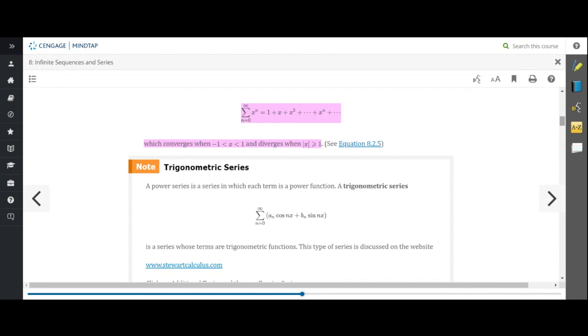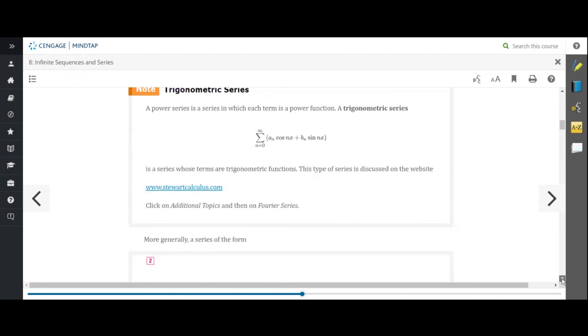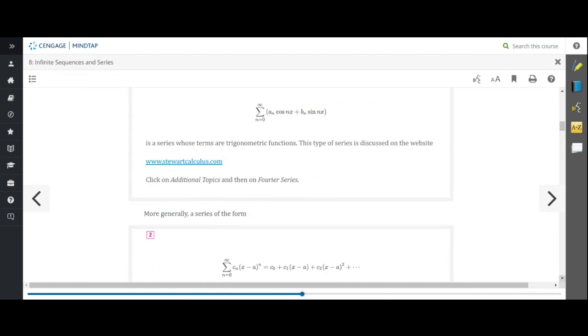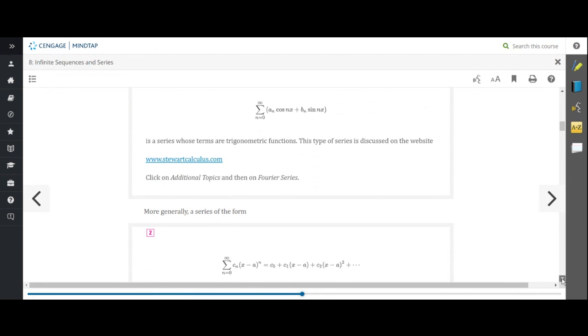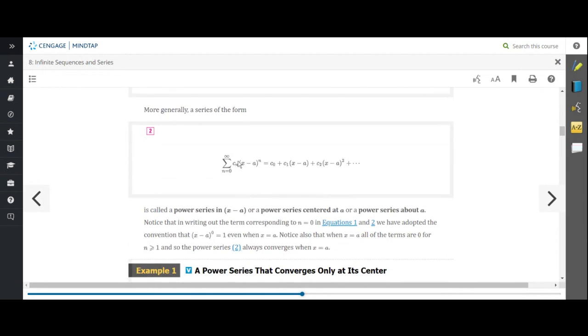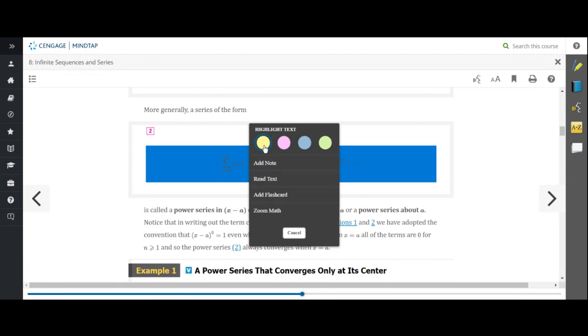For what values of x the series converges, and for what values of x the series diverges, is very important. We are going to do a couple examples together, but I want to look at one of the book examples before we go to my examples. But I'll mention something else too.